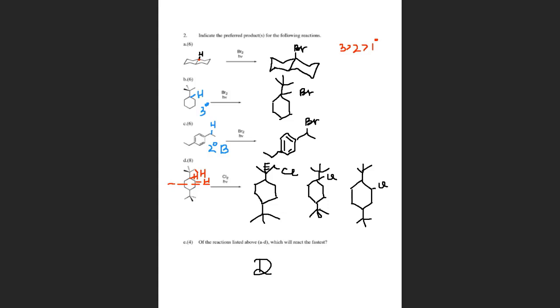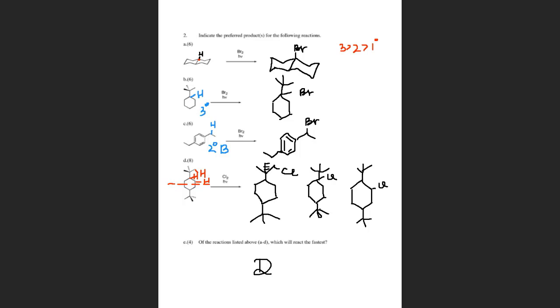Okay, so if y'all are good with this one: do all chlorine reactions occur at the same rate? Well, once we're comparing just chlorine with chlorine, then you would do the whole tertiary, secondary, primary thing, and tertiary will obviously be faster.